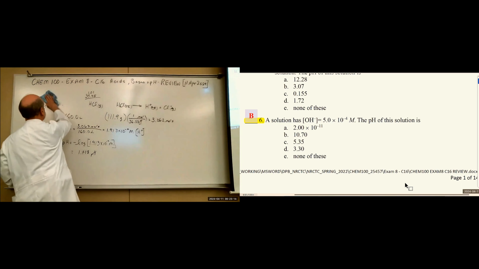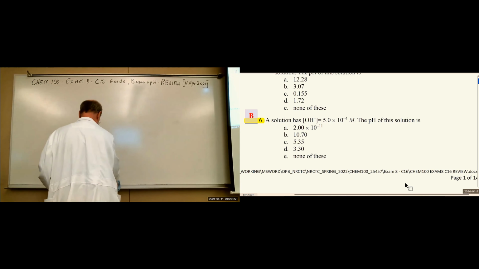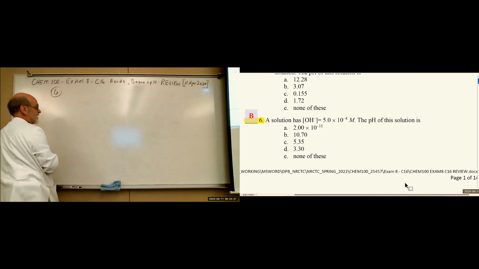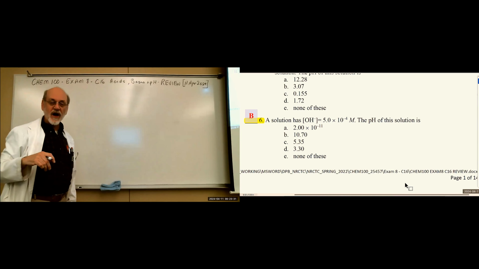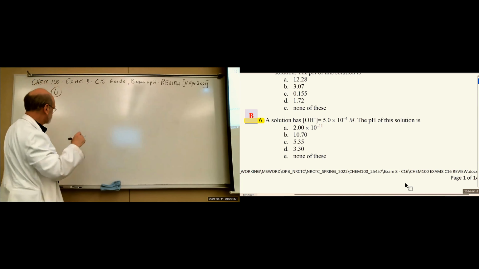Number 6. A solution has hydroxide ion concentration at 5 times 10 to the minus 4. What's the pH? All right.